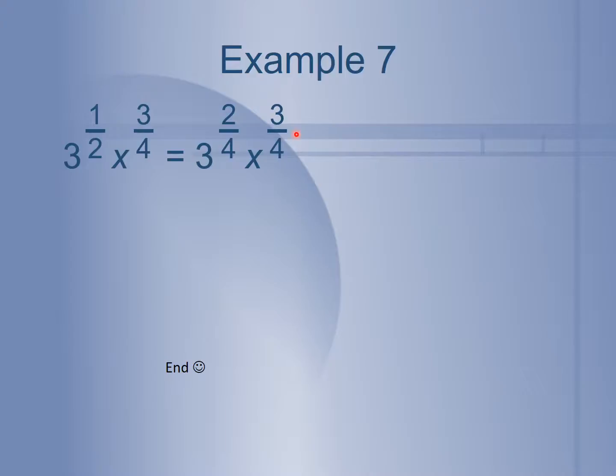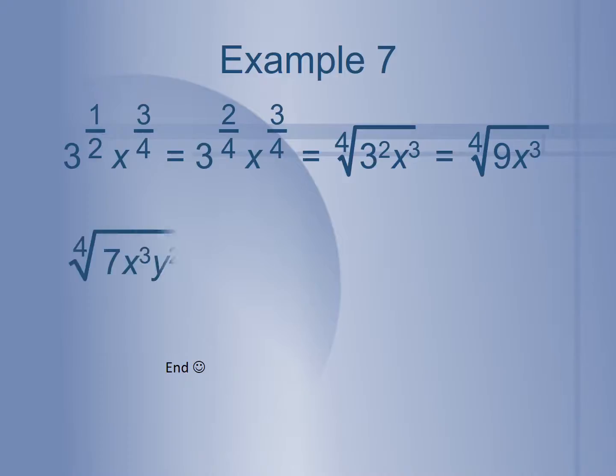Now that we have a common denominator, that denominator is going to become our index. So now we have the fourth root of 3 squared x to the 3rd. If we simplify 3 squared, that becomes 9. So now we have the fourth root of 9x cubed.